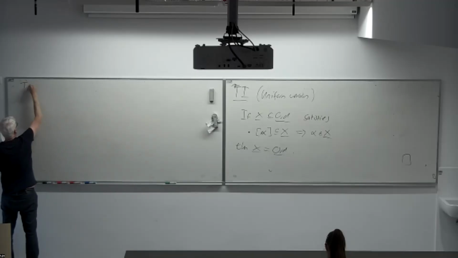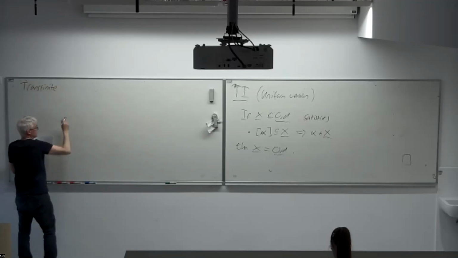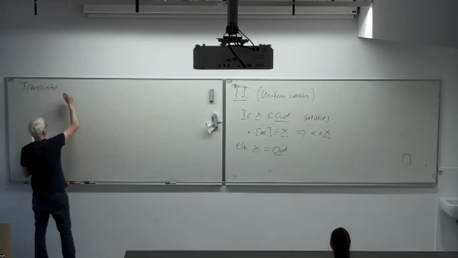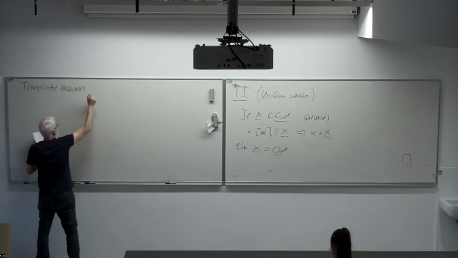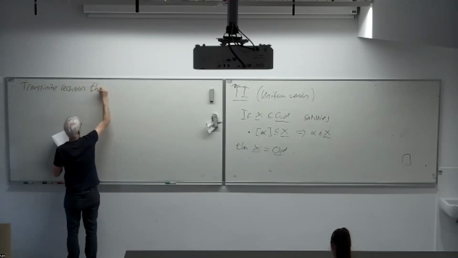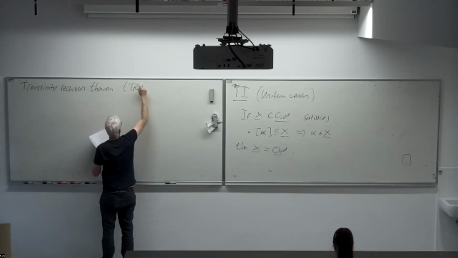So it's called the transfinite recursion theorem. Just as we went from induction for natural numbers to transfinite induction for the ordinals, counting beyond the finite, we go from the recursion theorem for natural numbers to the transfinite recursion theorem, the TRT.